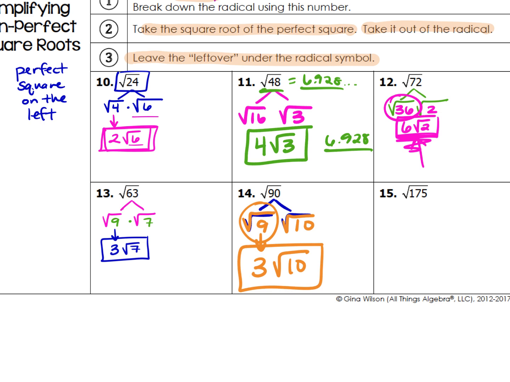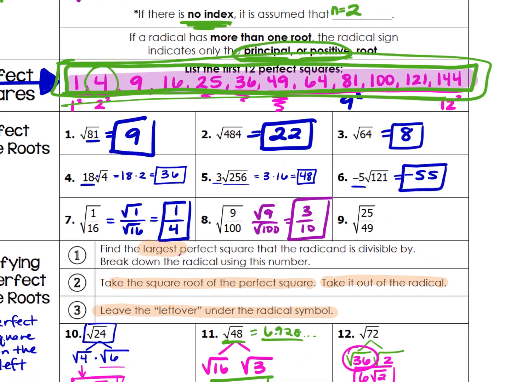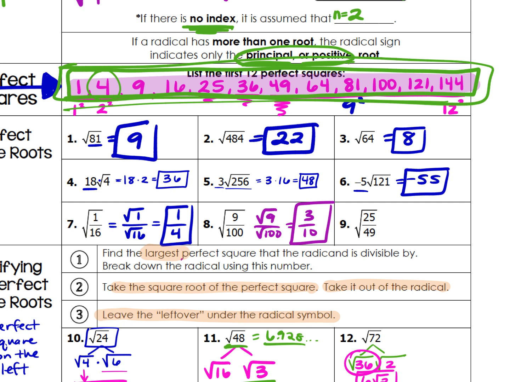Okay, let's try one last one. Number 15 here. You are looking for a perfect square and a not so perfect square. 175 is divisible by which of these numbers? This one jumps out at me really quickly. 175 is divisible by which of these? 25.